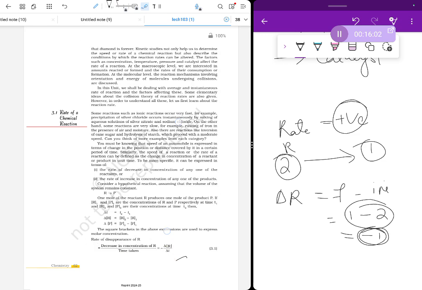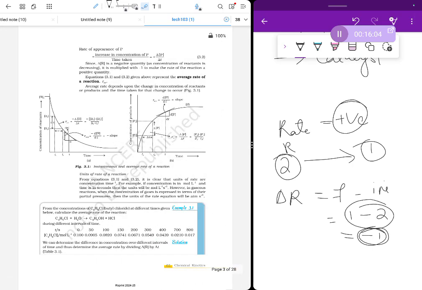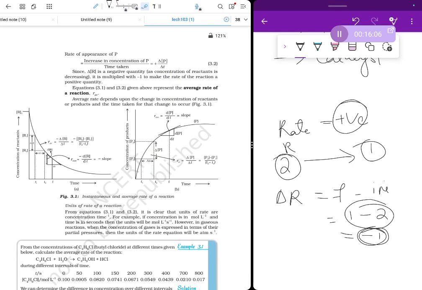Now the rate of appearance of P is equal to the increase in concentration, delta P, divided by the time taken, so it is an increase and we mention it as positive. Since delta R is a negative quantity, as the concentration of reactant is decreasing, it is multiplied by minus 1 to make the rate a positive quantity.